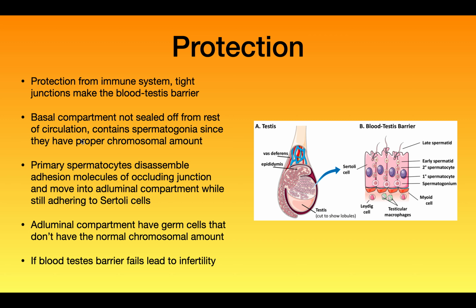So back to the basal compartment, it's going to have the primary spermatocytes disassembling the adhesion molecules of the occluding junction, and then that moves in while still adhering to the Sertoli cells. So they're still connected, but once matured enough, it goes from the basal compartment to the adluminal compartment.